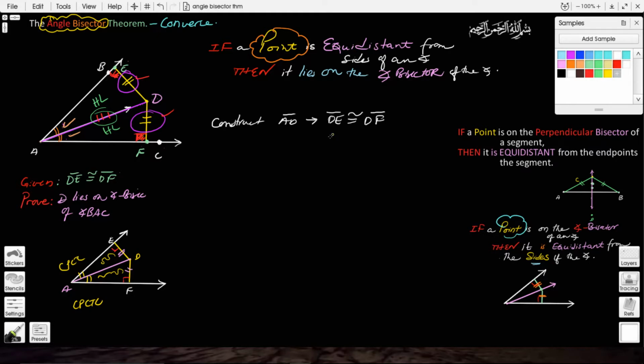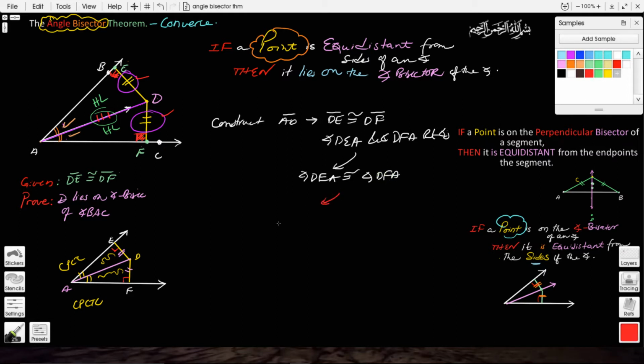We also know that angle DEA and angle DFA are right angles, so we can say angle DEA is congruent to angle DFA because they're right angles.